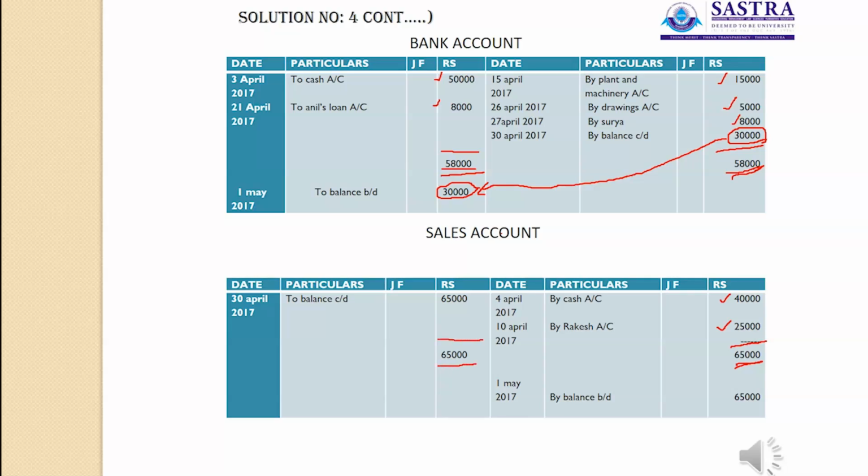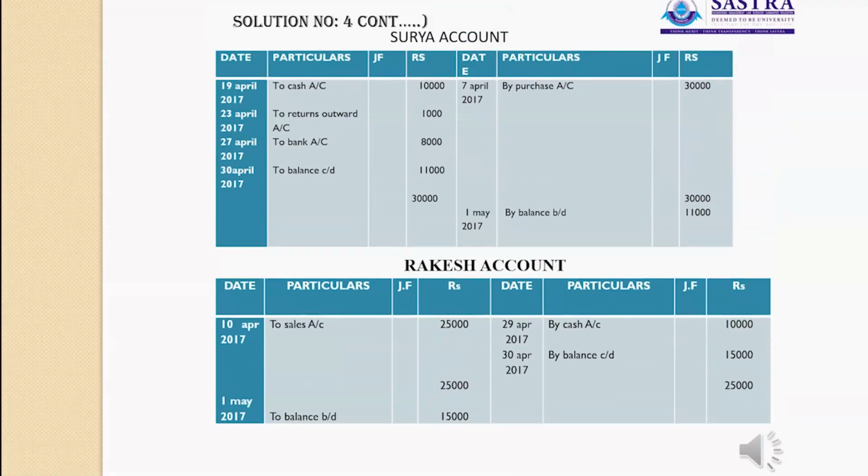So the balance between these two is transferred to balance carried on, 65,000. Again this amount is transferred to the next month, 1st May 2017, by balance brought down rupees 65,000. So on 1st May 2017, the opening balance is 65,000.